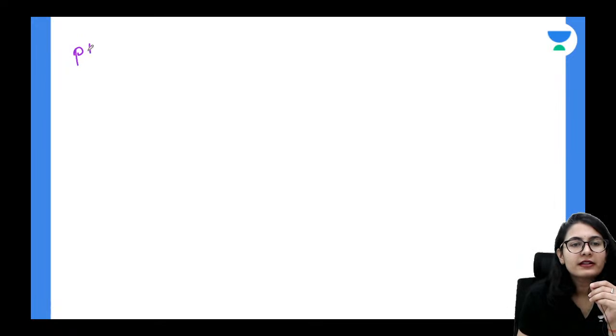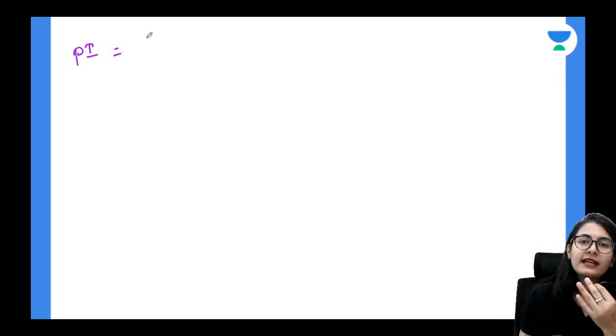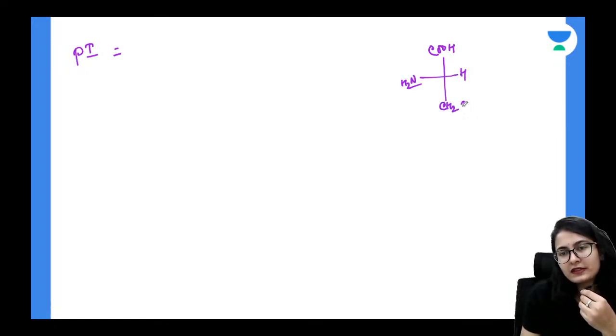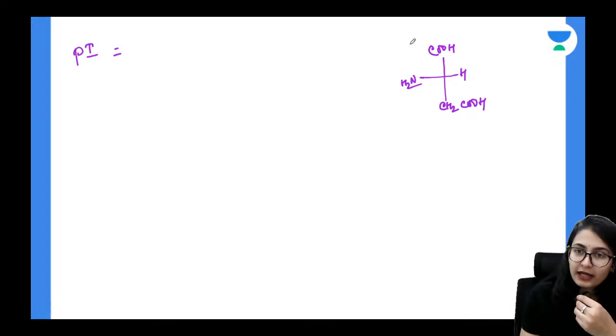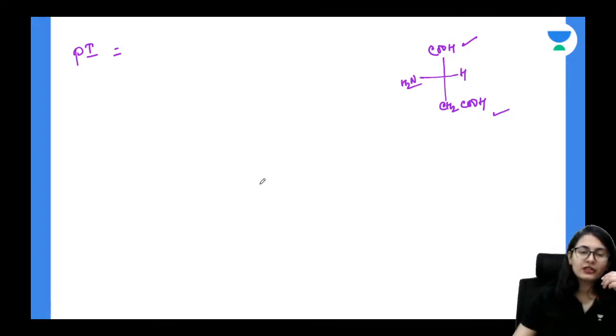Done. ठीक है. So for some molecules, for some amino acid जिसमें acidic side chain है, let's say aspartic acid. ठीक है, let's say aspartic acid, CH2COOH. So there are two acids over here, isn't it? एक तो carboxylic acid और एक side chain acid. Yes, or the side chain acid, right? So for these molecules, how are we going to find the pK value या फिर isoelectric pH?